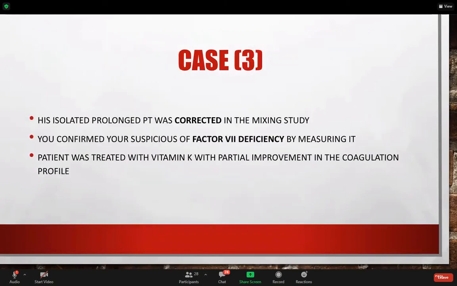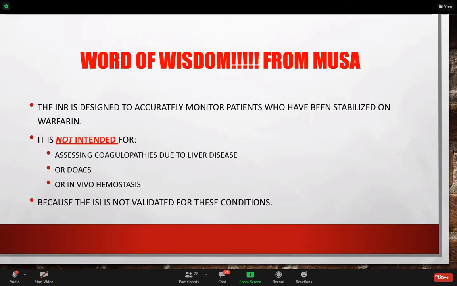Okay. These are words of wisdom from Dr. Moussa Alzahrani, one of the hematologists: if you're going to remember what the INR is, you should link it only to warfarin. The INR's idea is to monitor warfarin and to adjust the warfarin dose. It's not meant to assess coagulation.